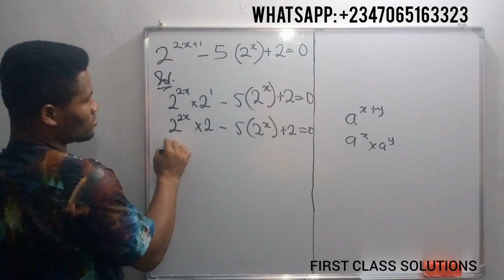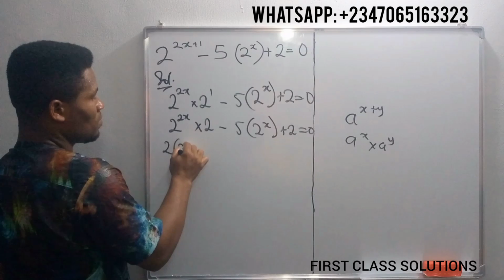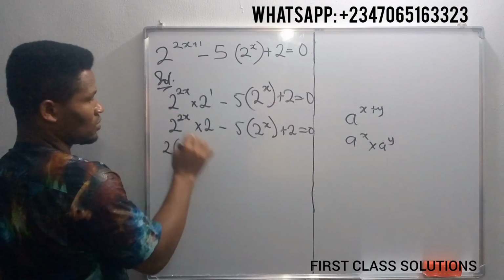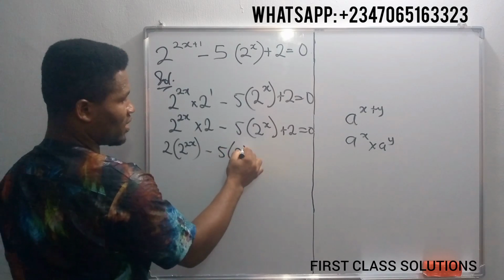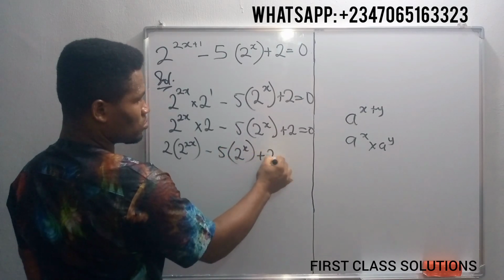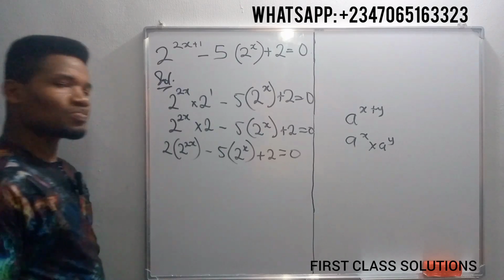So we multiply out. We have 2 into 2 power 2x minus 5 into 2 power x plus 2 equals 0.